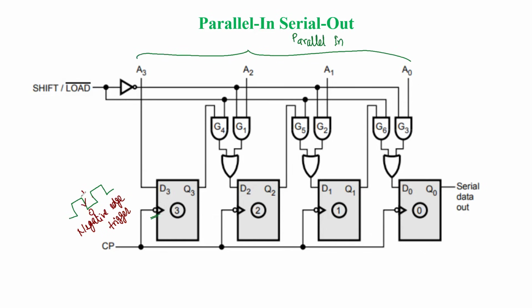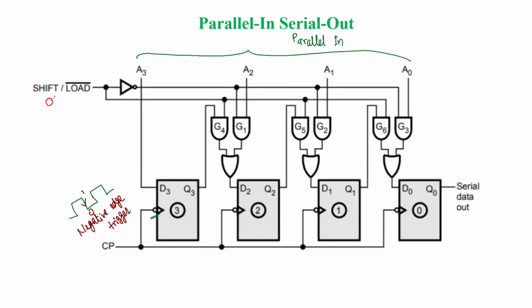Now we'll see the operation of this. Here we have AND gates and the outputs of the AND gates are given to the OR gate. Similarly, for all the flip-flops, the connection is made like this. Now, let's take shift as 0, because initially we want shifting not to take place.